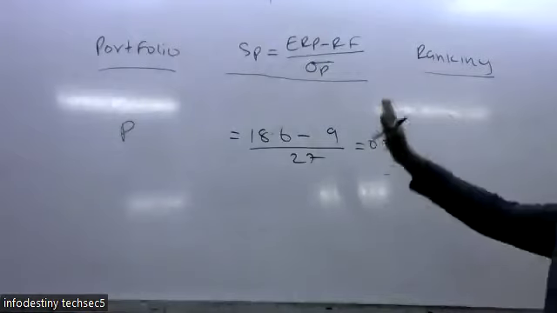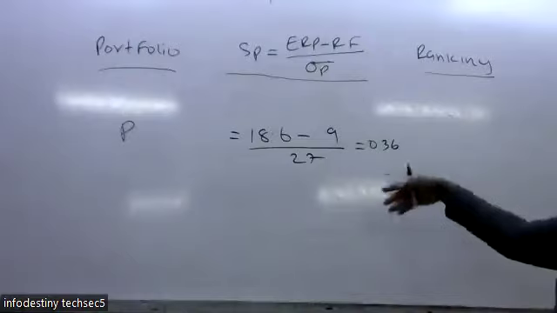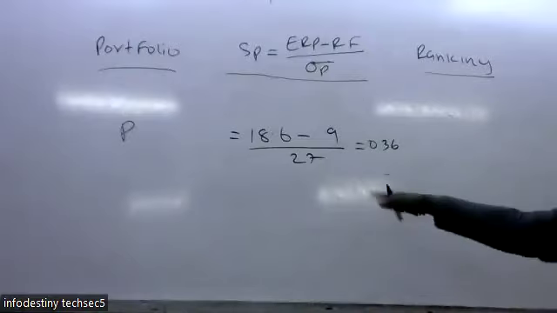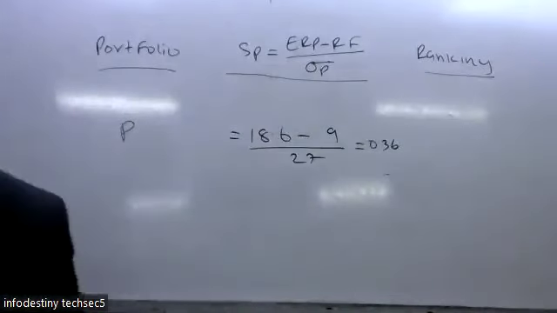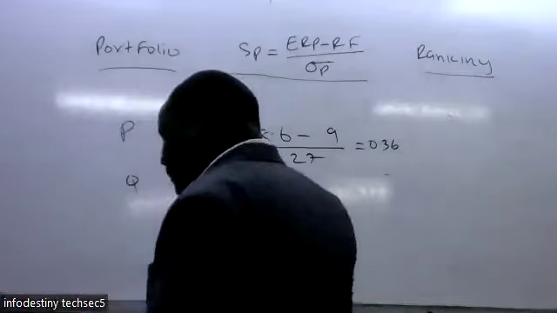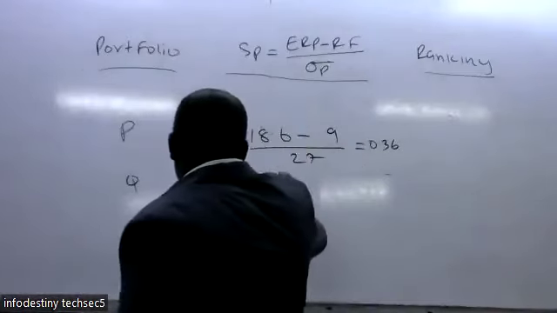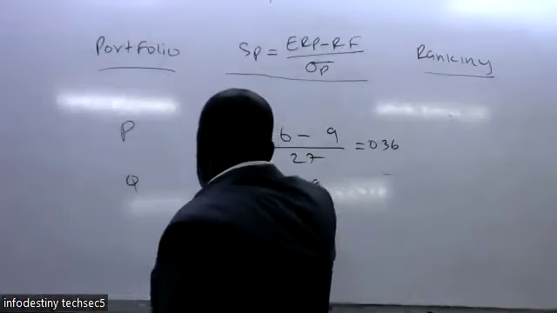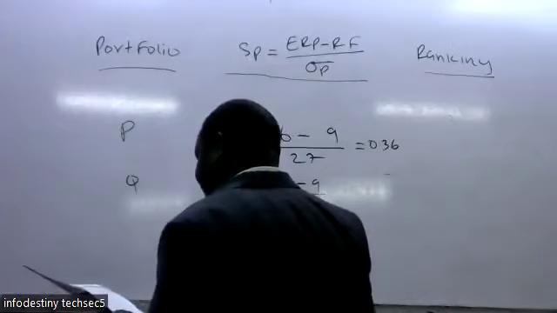We shall first calculate for all of them before you do the ranking. When you are doing the ranking, the one with the highest will be number 1. So you have to calculate for all of them first. The next one is Q. When it comes to Q, you take 14.8 minus 9, and divide by 18.